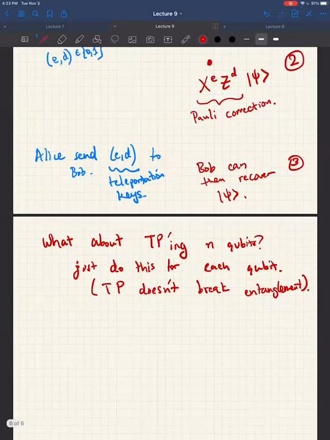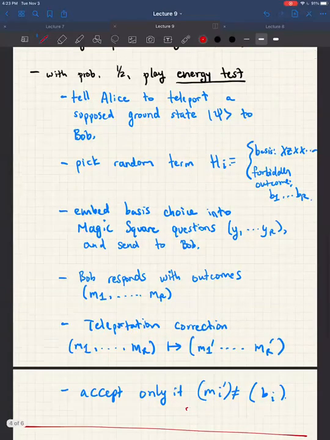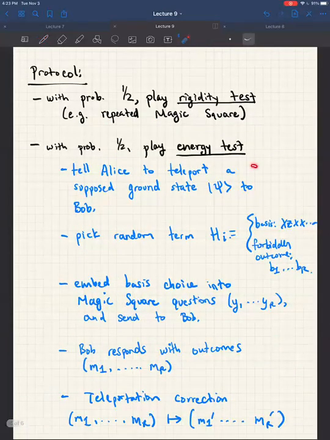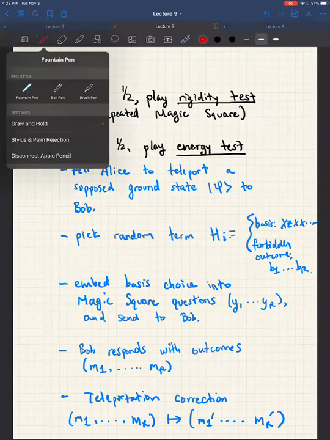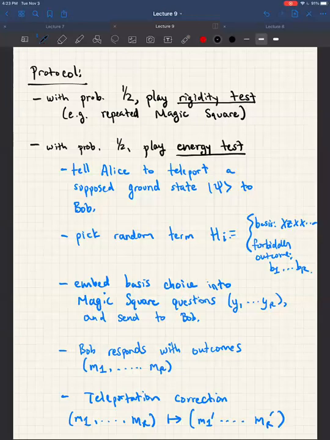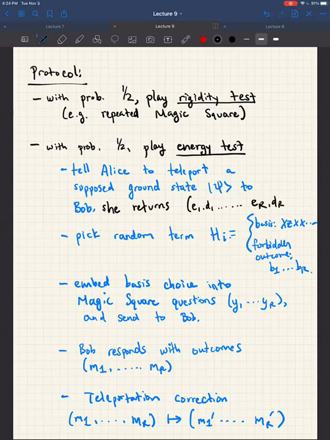Okay, so here's the thing. When we tell Alice to teleport a supposed ground state psi to Bob, let's say that she does what she's told, then she's going to get all of these corrections, these teleportation keys.